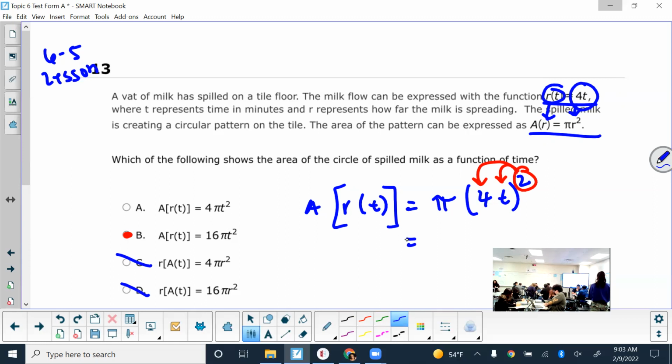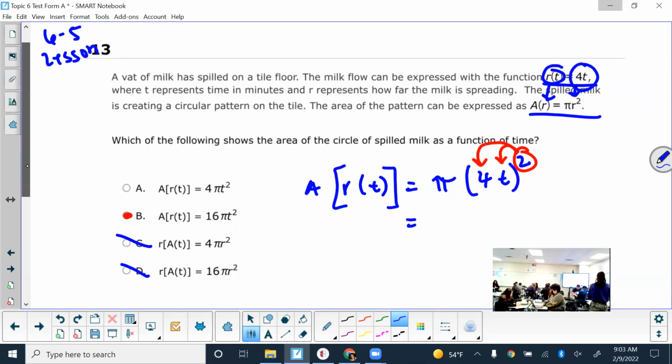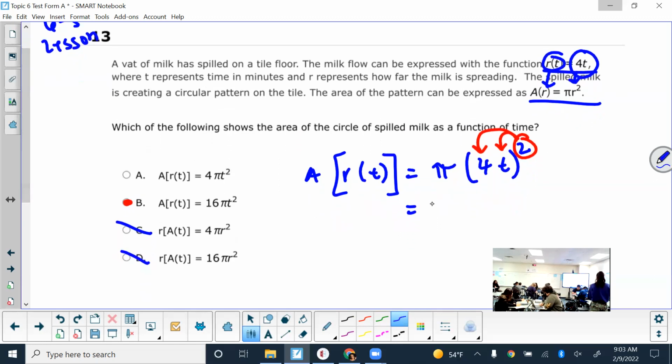What is 4 squared? 16. So it becomes pi 16, and then when we distribute the exponent of 2 to the t, it becomes t squared. Now, normally any numbers are written as coefficients. So then they just moved it in front of the pi t squared.